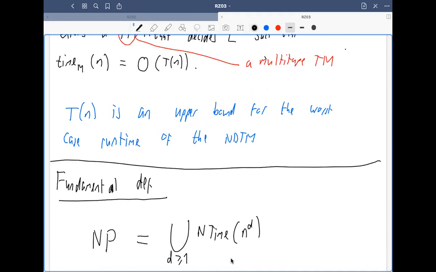And the big question is whether the class P is equal to the class NP.